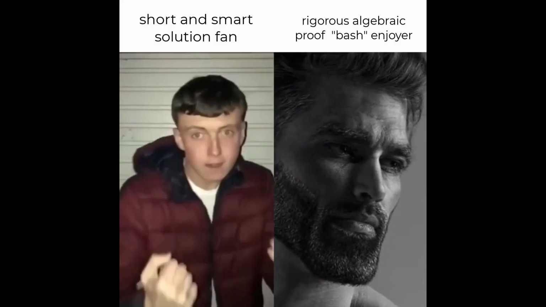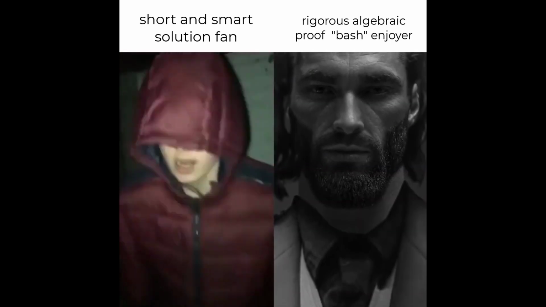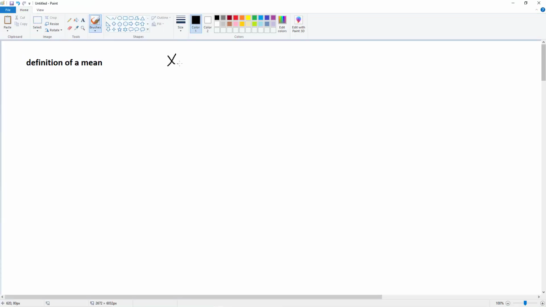So today, I'll be proving the formulas for the mean and variance of a binomial random variable. And without further ado, let's get started. So first, we begin with the definition of a mean for distribution X, a binomial random variable, with n trials and with a probability p.